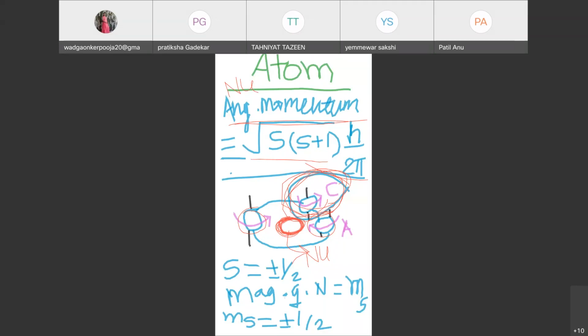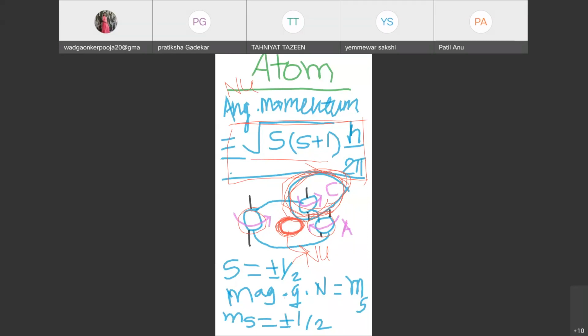Okay, the angular momentum formula I have written is from quantum mechanics, as everybody knows very well, and we are not going into much detail of this angular momentum, because it is not expected of us in NMR spectroscopy.